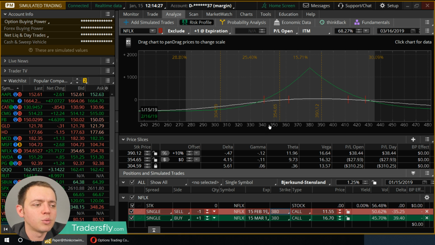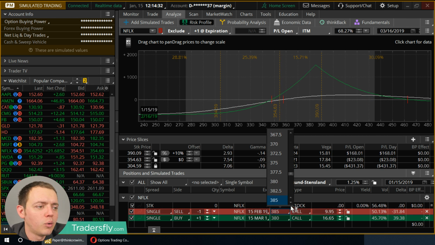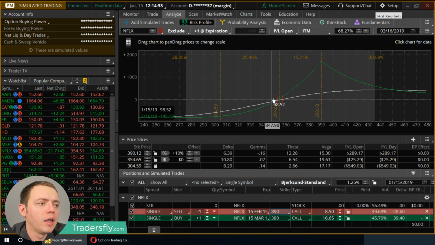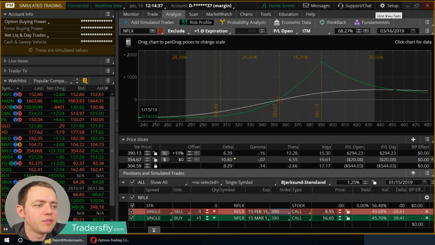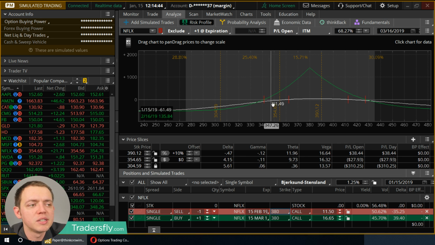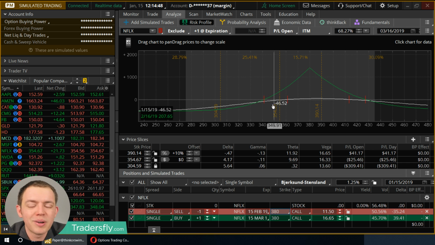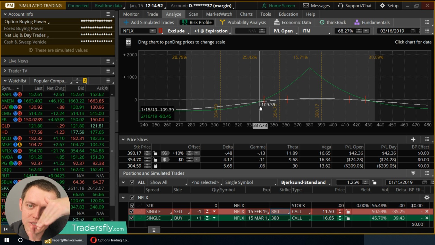It's not as fast. Whereas if I go here to, let's say, the 385 or the 390, this really drops this lower. So it creates a faster delta here on the downside. Whereas a 380 is only a 4 delta, which means I'm making $4 as it goes up for every $1 move, but I only lose $4 if it goes down. The other one would be 10 because it's steeper, right?